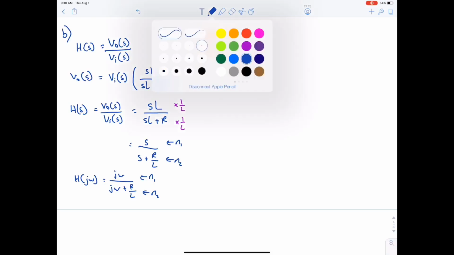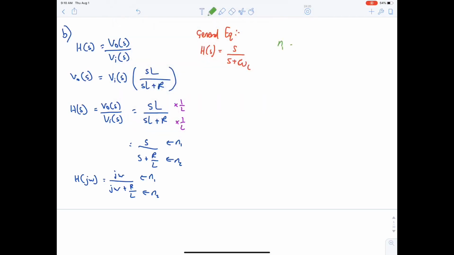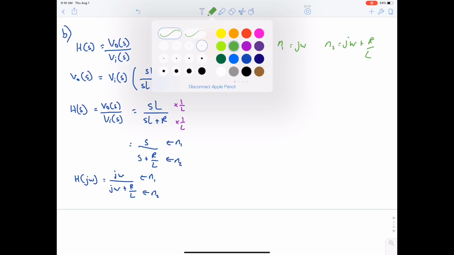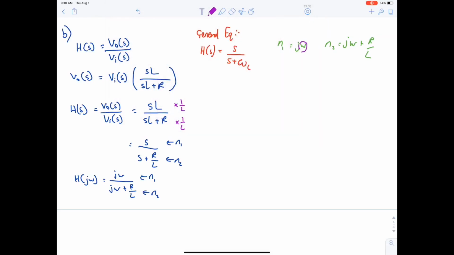N1 is only jw, N2 is jw plus R over L. This is B1, A1 is 0, this is B2, and this is A2.